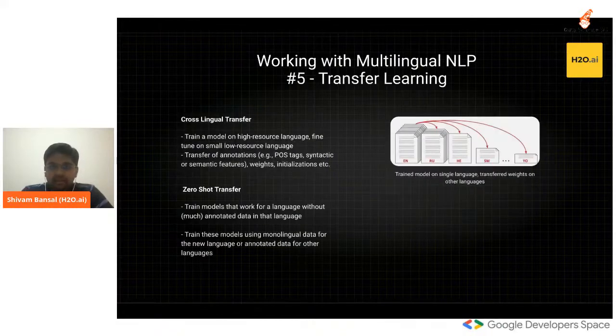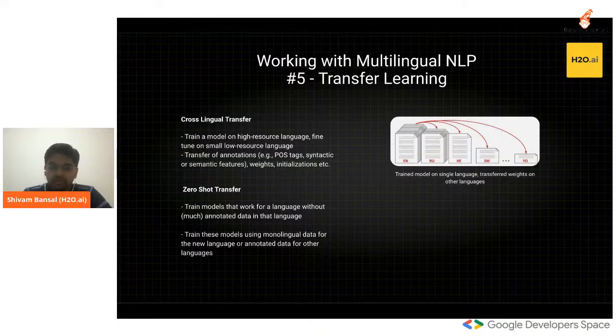The last idea I would like to describe is transfer learning, where we can do cross-lingual transfer. The main idea is that we train one model on a high-resource language, let's say English or maybe Russian, and then we reuse the weights. We transfer the weights, embeddings or annotations, and fine-tune that on a different language.